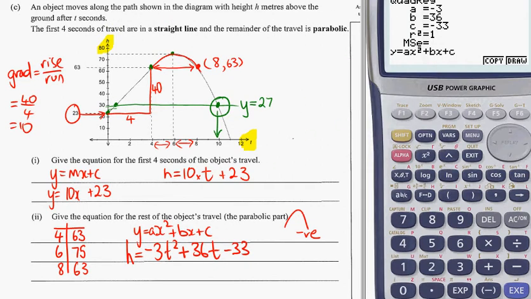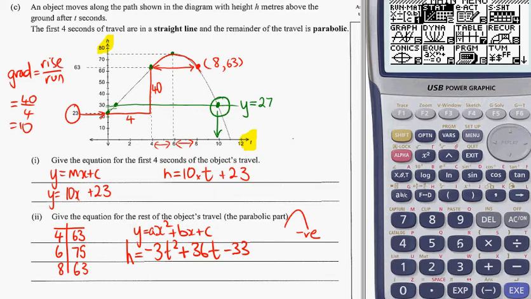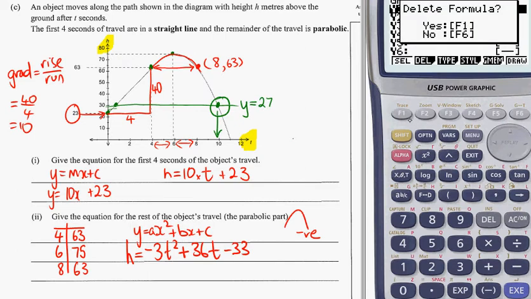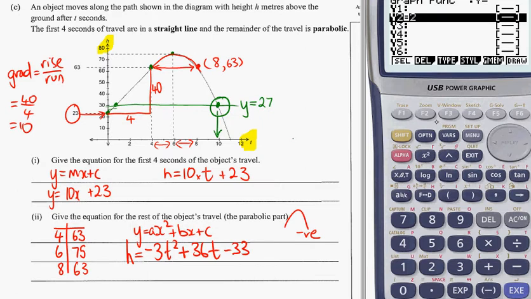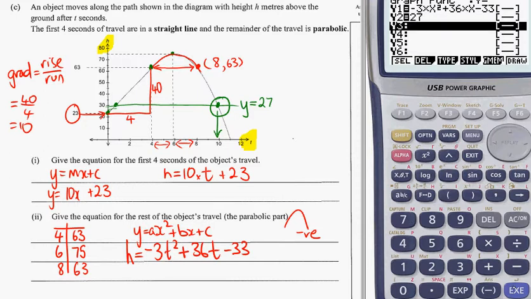So if we come over to menu and we'll choose graph, and we'll put in the equation of the parabola, so negative 3 times x squared plus 36 times, and we're using the x, minus 33, we'll enter that one, and then we'll put a line across at y equals 27 as well.